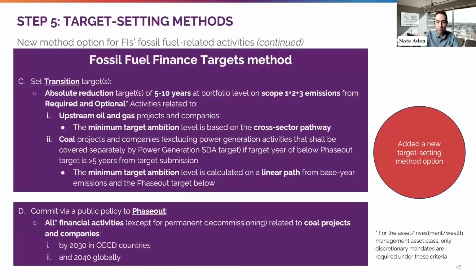At this point, portfolio coverage is not an option in reality because SBTi has not yet published or validated oil and gas company targets. So the intention of this new method is to provide a fossil fuel specific option for financial institutions that can be used now and is not contingent on the forthcoming SBTi work in that sector.